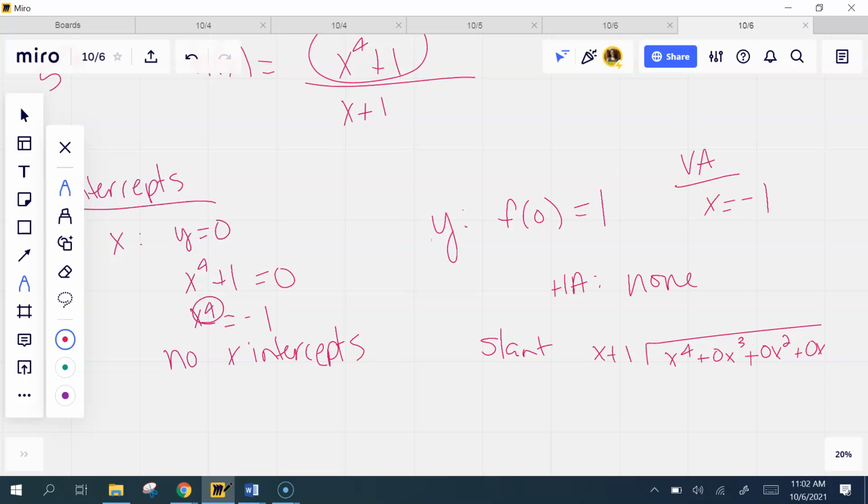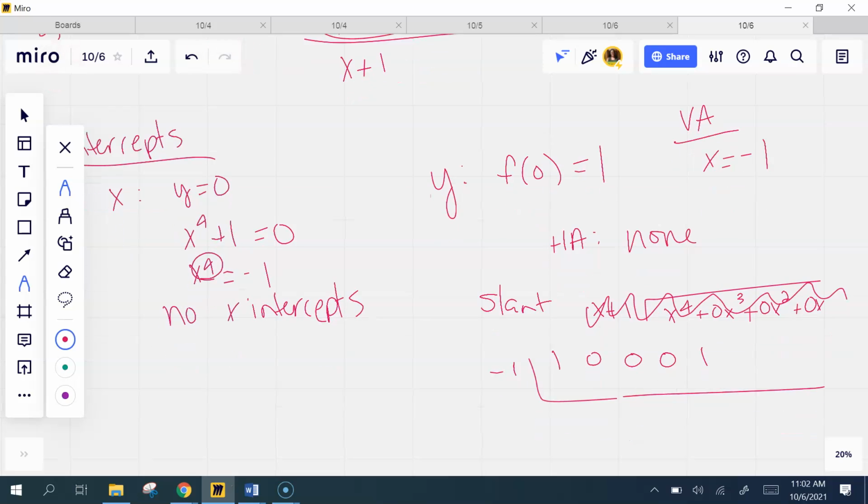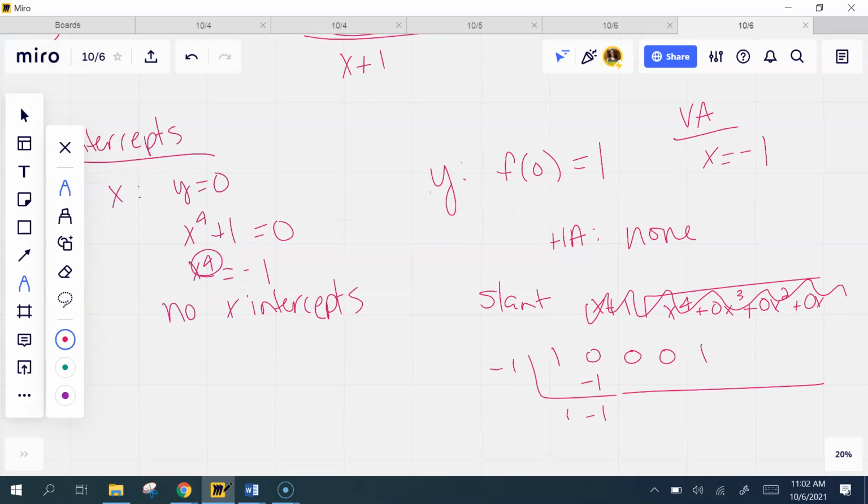Oh, you could do synthetic. That was a good call, y'all. Y'all were jumping on that. 3, 2, 1, constant. Not too fast. 1, negative 1, negative 1, positive 1, positive 1, negative 1, positive 1.